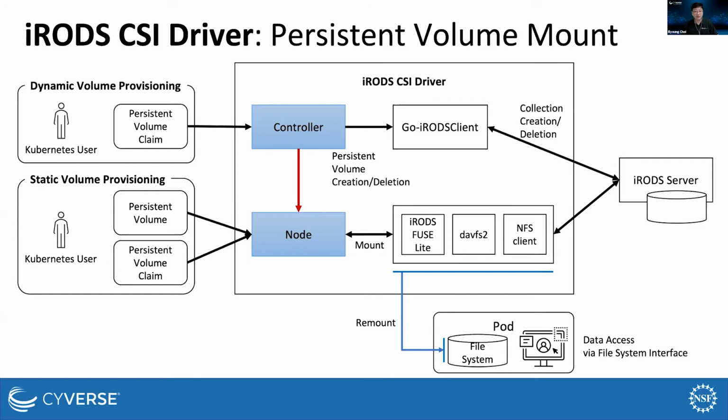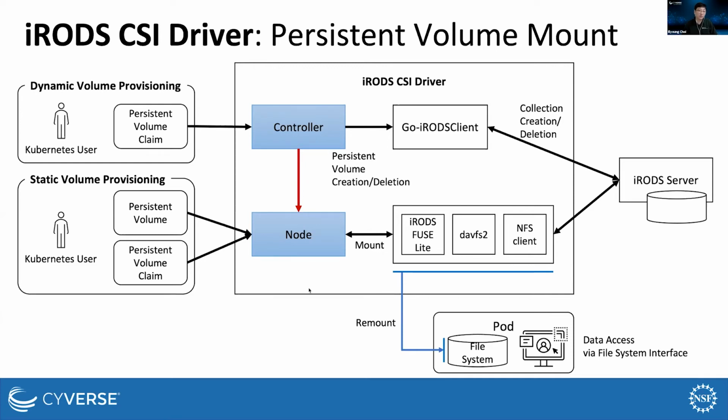When users create persistent volume claims, which are Kubernetes objects, once that claim is created, the controller creates iRODS collections and persistent volumes dynamically from the claim and then passes them to the node module.